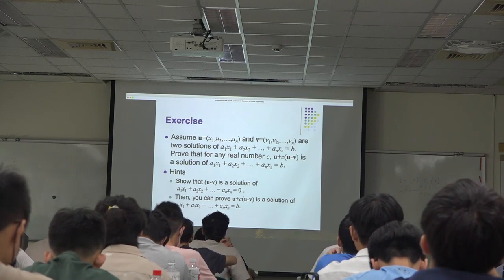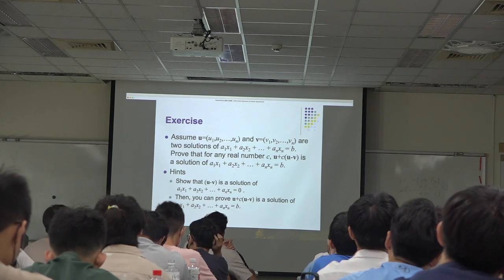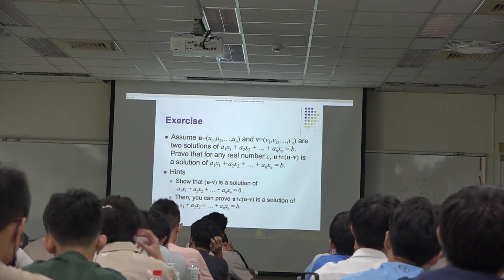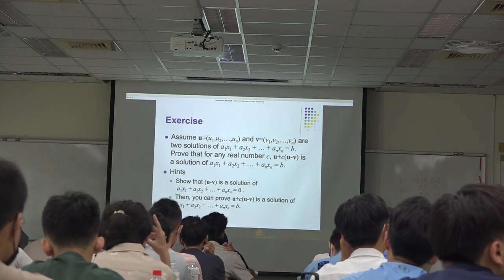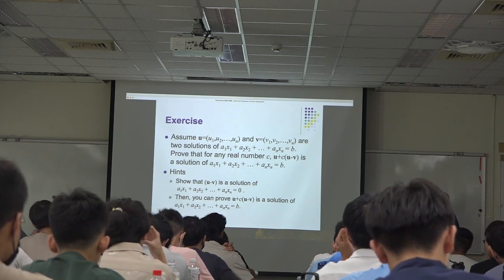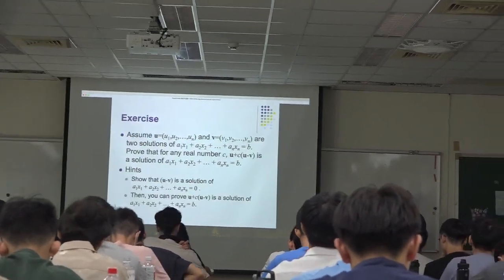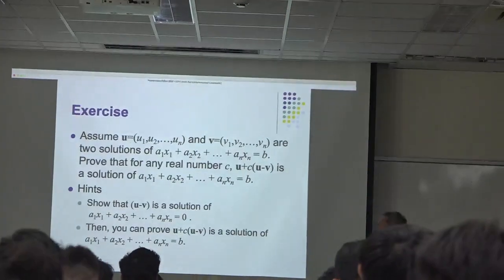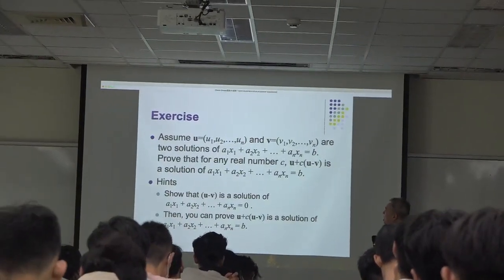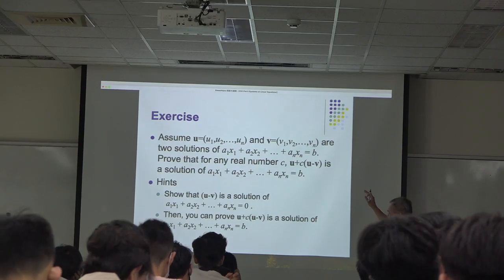So how do we do it? We know u and v are both solutions of a1 x1 plus a2 x2 plus ... plus an xn equal to b, right?